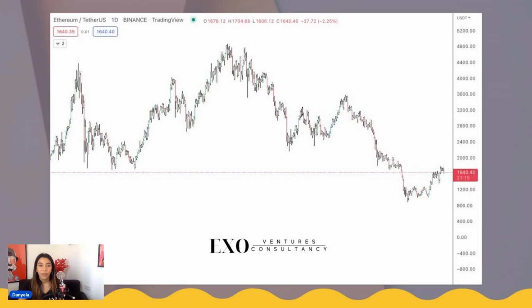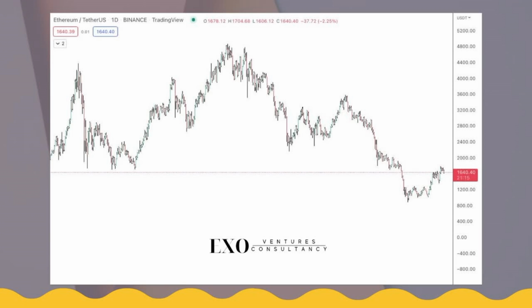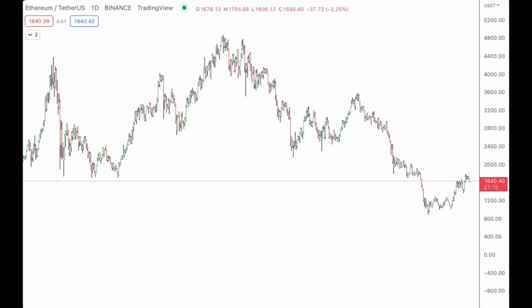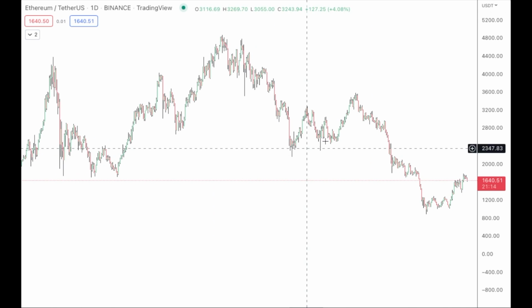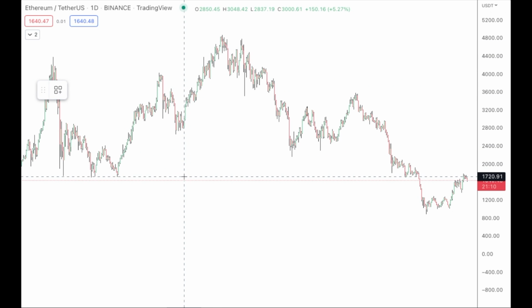Now I'm going to give you a clear example. I'm going to move out of the way. Okay, I'm going to be recording this on my phone, so the audio might be different, but let me show you how to paint these support and resistance lines.